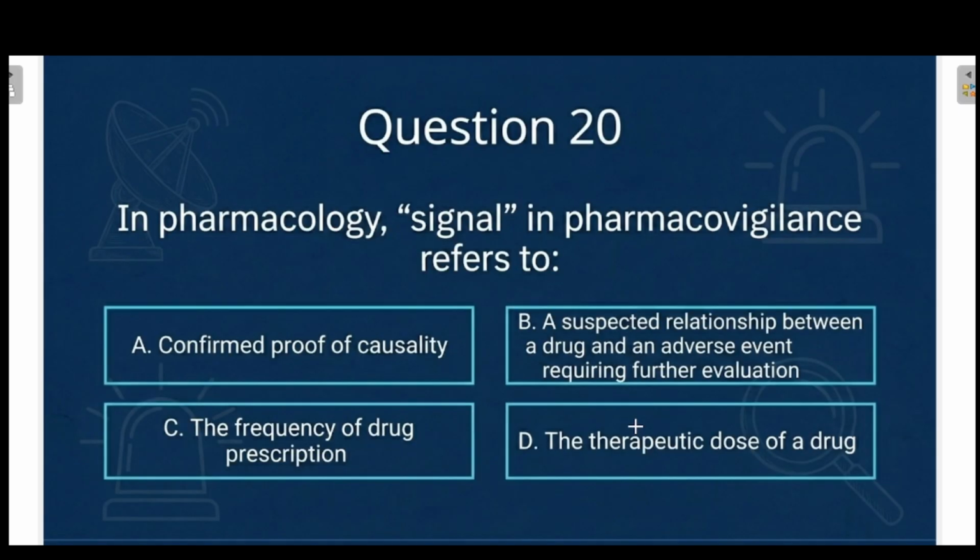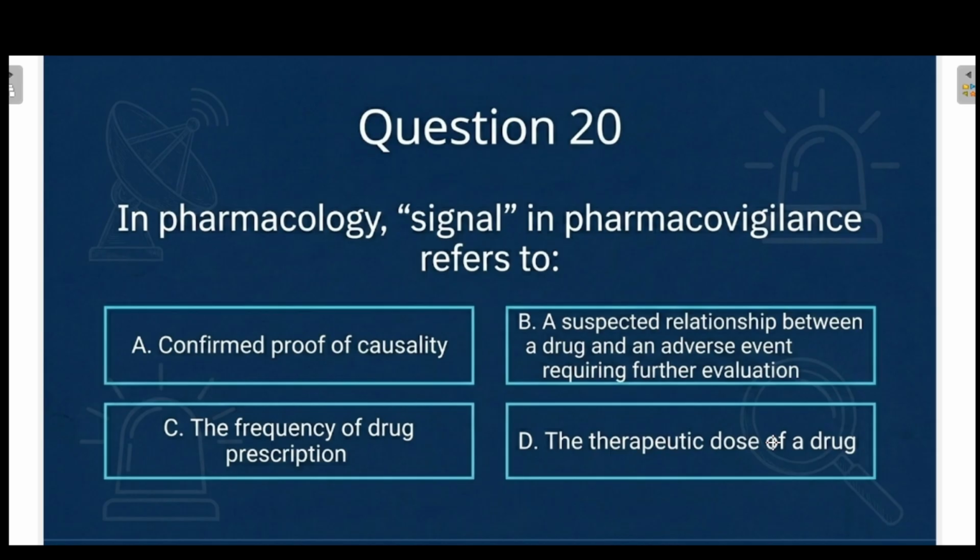Next question, question number 20. In pharmacology, signal in pharmacovigilance refers to: confirmed proof of causality; option B, a suspected relationship between a drug and an adverse event requiring further evaluation; option C, the frequency of drug prescription; or option D, the therapeutic dose of a drug.